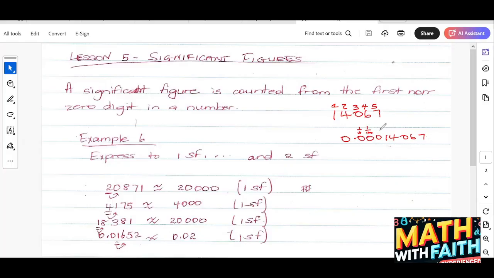So the first significant number here will be the 1, the 4 is the second, the 0 is the third, the 6 is the fourth, and the 7 is the fifth significant number. Right? So once that 0 occurs in between or after, let's say after the first significant digit, then it is considered significant.